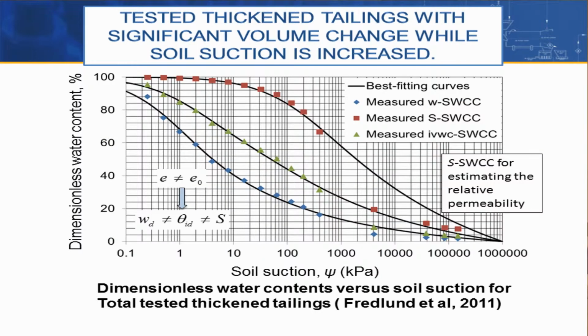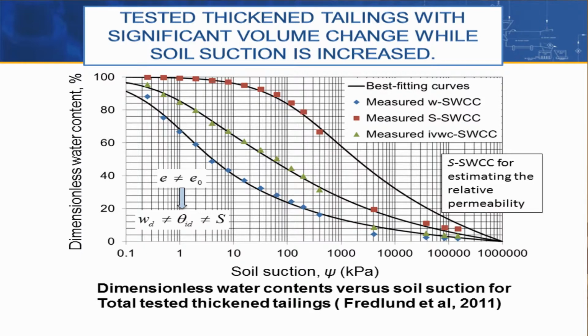But for soils that change volume, using different designations of water content in the soil water characteristic curve essentially shows different shapes, different characteristic curves, different characters.